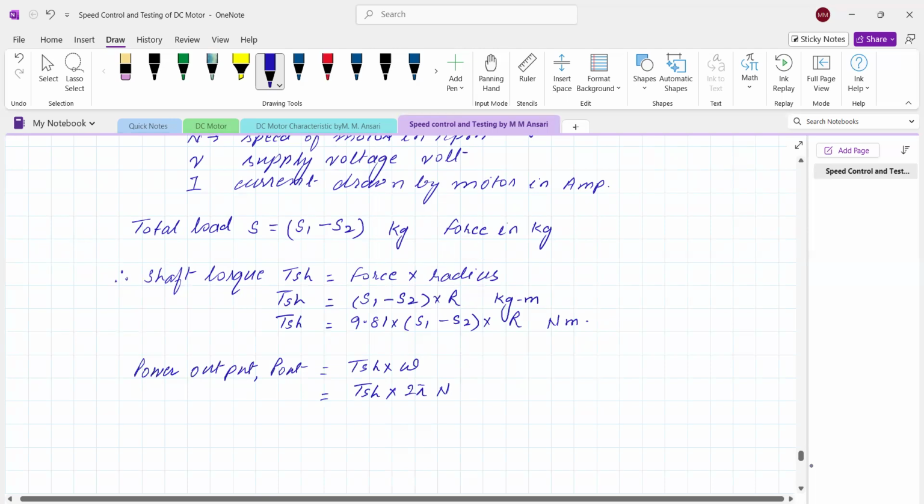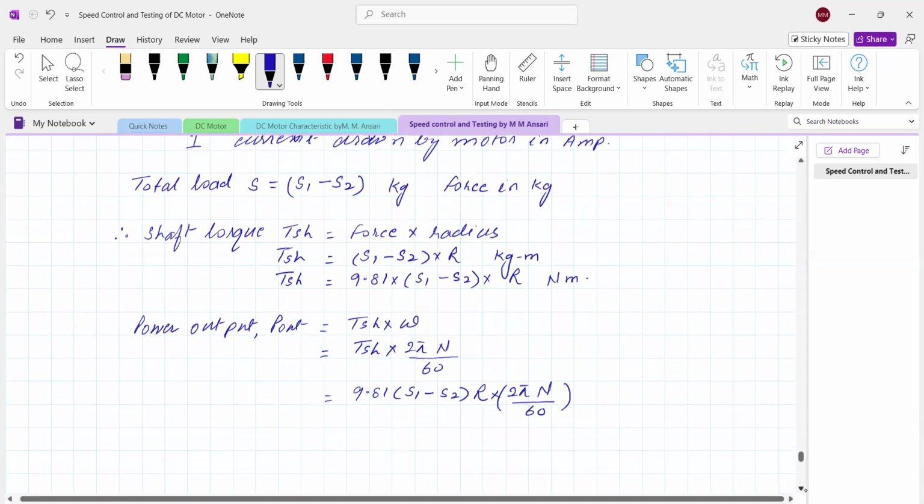Speed is given in RPM, so it is divided by 60. Therefore, the power output is 9.81 into S1 minus S2, multiplied by the radius, multiplied by 2 pi N upon 60. So this is the output power.